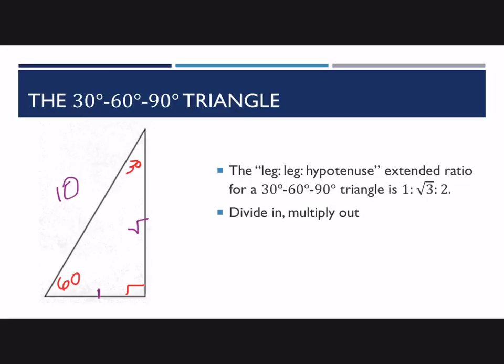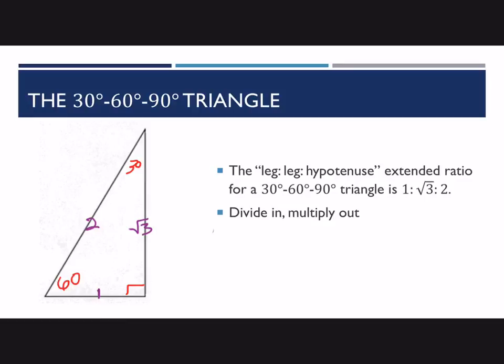Then this leg gets the square root 3, and this leg gets the 2. You would divide in, multiply out. So 10 divided by 2 is 5, and then multiply out, so 5 times square root 3 is 5 square root 3, and 5 times 1 is 5. So the lengths would be 5, 5 square root 3, and 10.